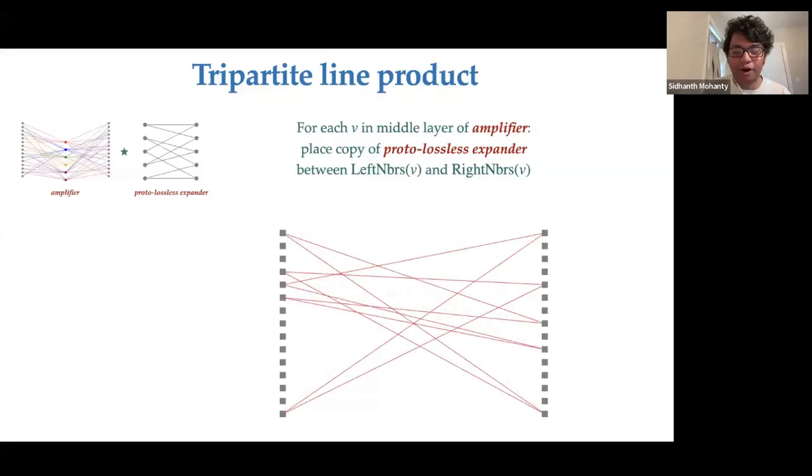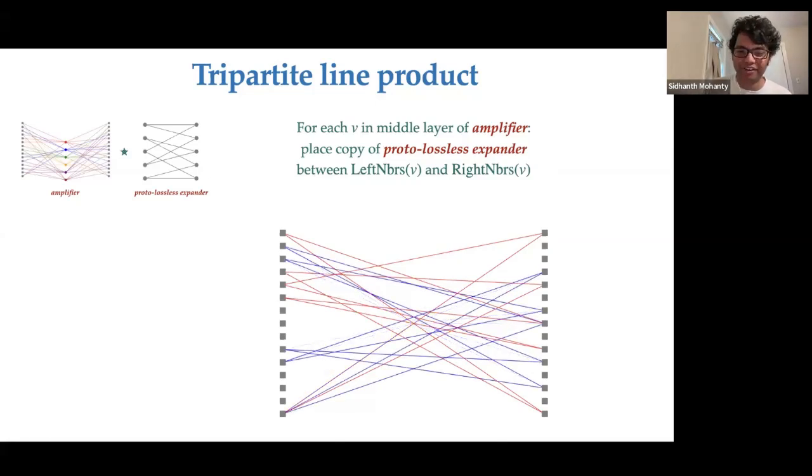All right, so that's the first copy. Now let's look at the second vertex in the middle, which is a blue vertex. Again, it has 5 neighbors on the left, 5 neighbors on the right. Between those, let's place another copy of this proto-lossless expander. Okay, and then I do this for the third, fourth, fifth, sixth vertex, and so on.